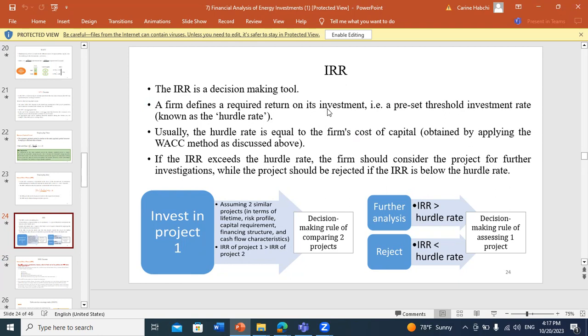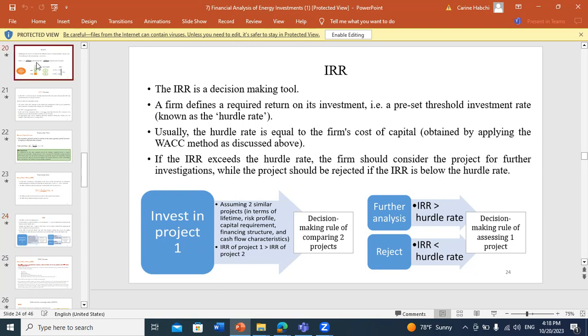So I should make sure that my hurdle rate or cost of capital will represent the percentage that I am expecting to gain if I use my money in another way.